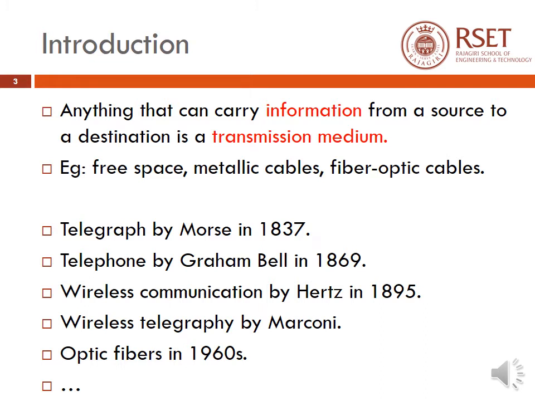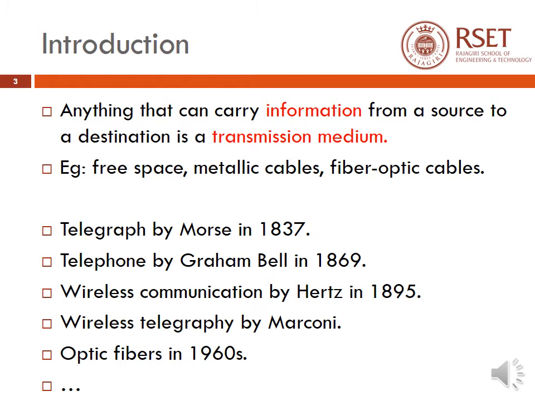After that, there was a huge advancement in communication where wireless communication was introduced by Hertz in 1895, which included different technologies like radio as well. Here again, the distance of communication increased and the transmission media that was used were electric signals and waves which travel through air.